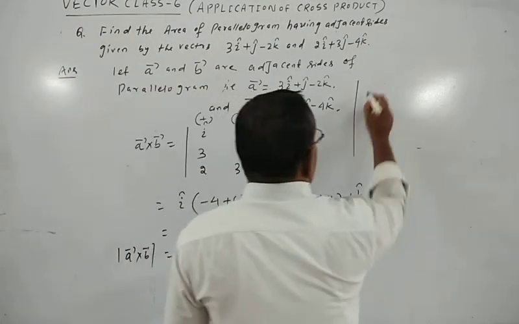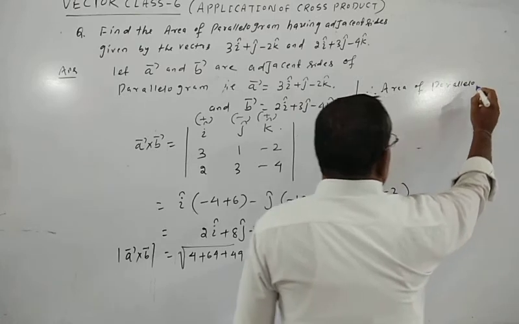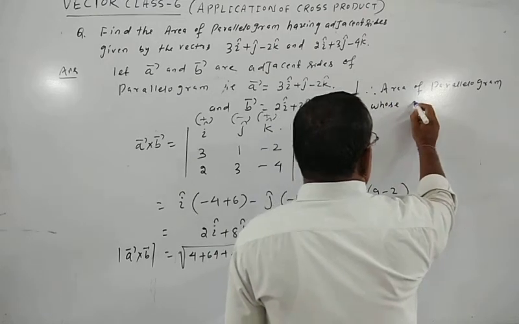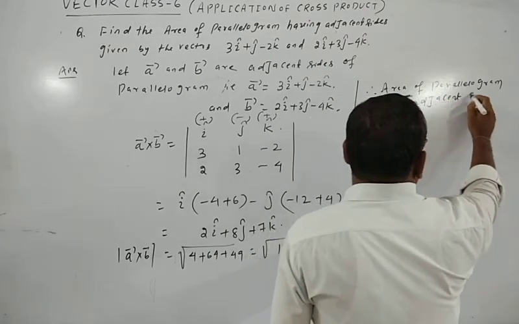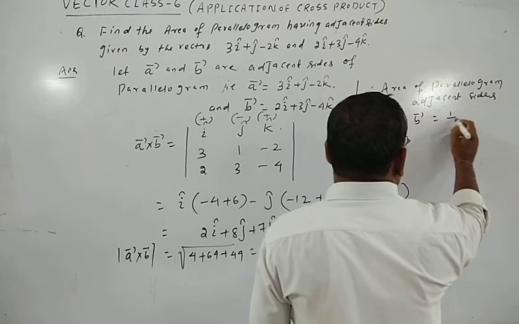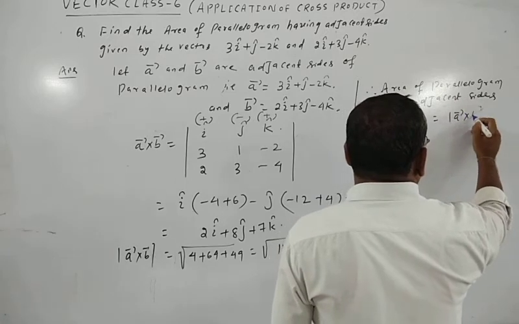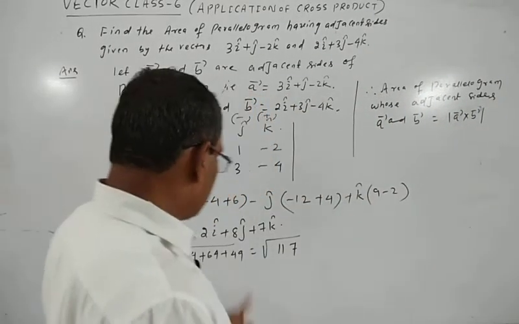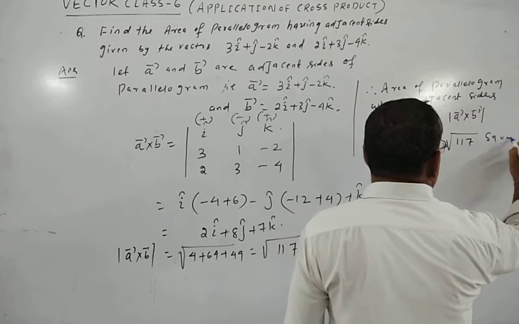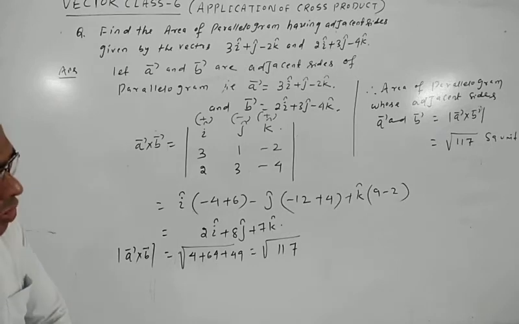Therefore area of parallelogram whose adjacent sides a vector and b vector is equal to magnitude of a vector cross b vector, and a vector cross b vector is equal to root of 117 square unit, because the unit of area is square unit.